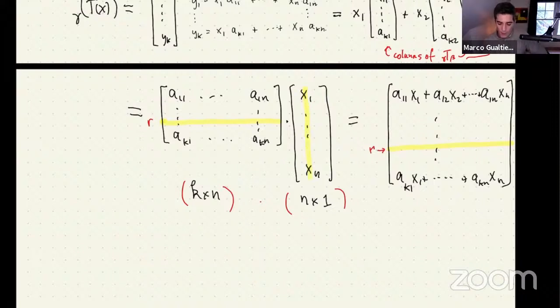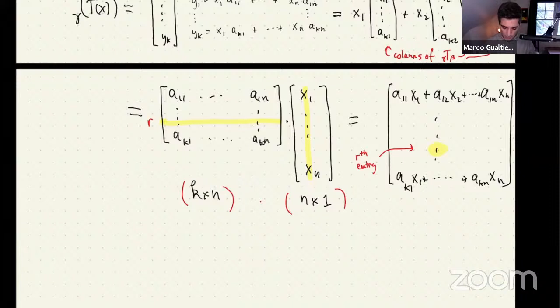I don't want to confuse by saying that this is a row. It is a row, but it's really just one element. So the rth entry here of the result comes about by taking all of these numbers and all of these numbers and doing basically a dot product, which means you take the first times the first, the second times the second, the third times the third, and so on, and then add those results together.